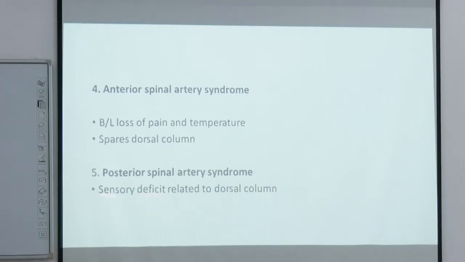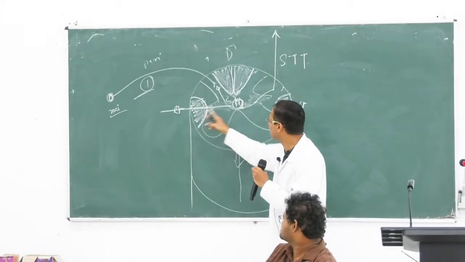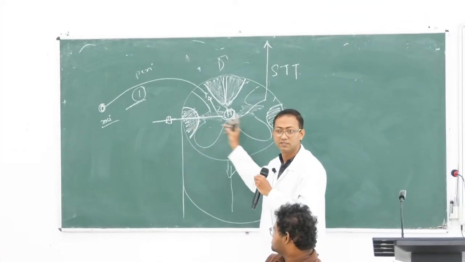Anterior spinal artery syndrome and posterior spinal artery syndrome. By applying your common sense you can know the disease pathology, because the anterior spinal artery is located at the anterior part of the spinal cord. So it will supply which tract? Definitely your spinothalamic tract, right?